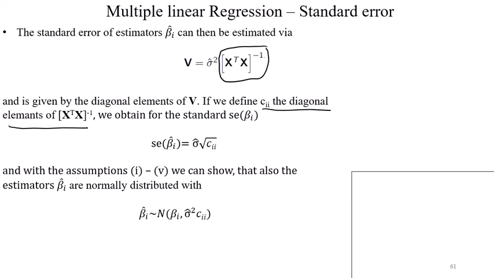By taking the root, we obtain that the errors of all single estimators are the standard deviation, where we assumed that this is constant for all parameters, times the square root of the diagonal elements of our inverse matrix.